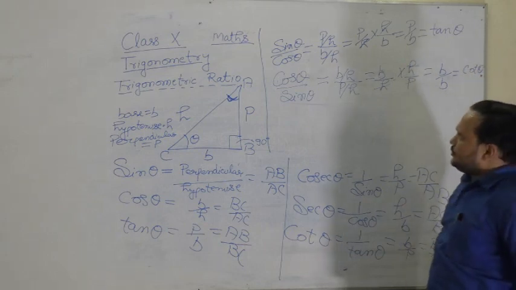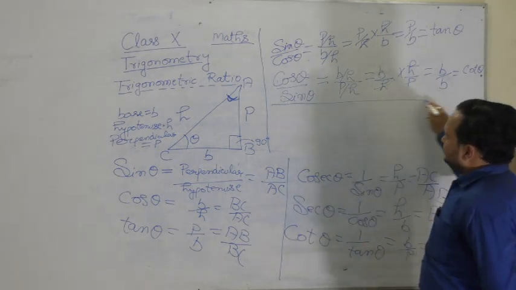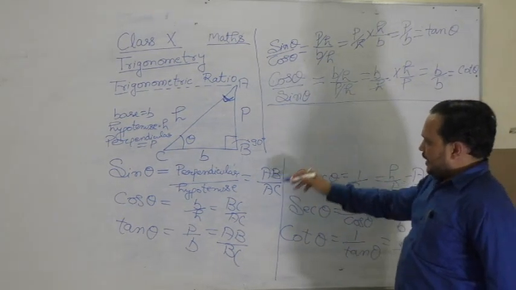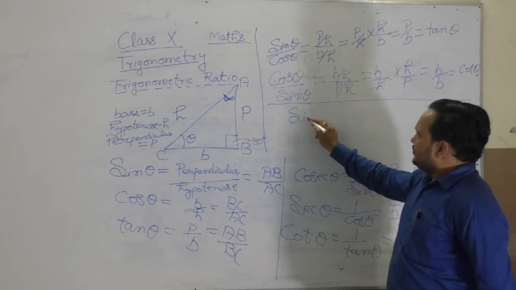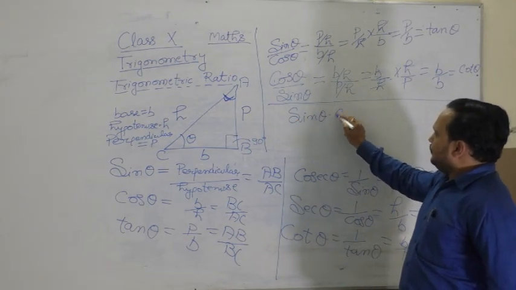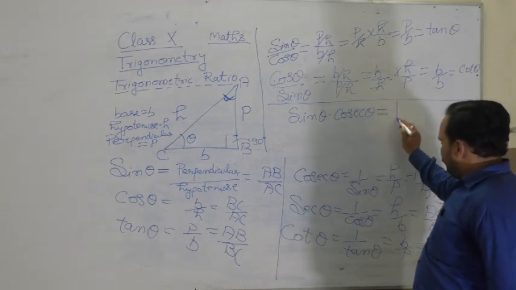So cot theta may also be written as cos theta by sin theta. Then, from these relations you will also see that sin theta into cosec theta equals 1.